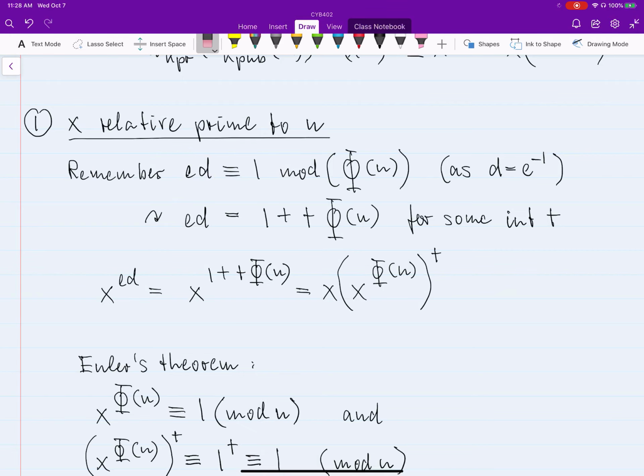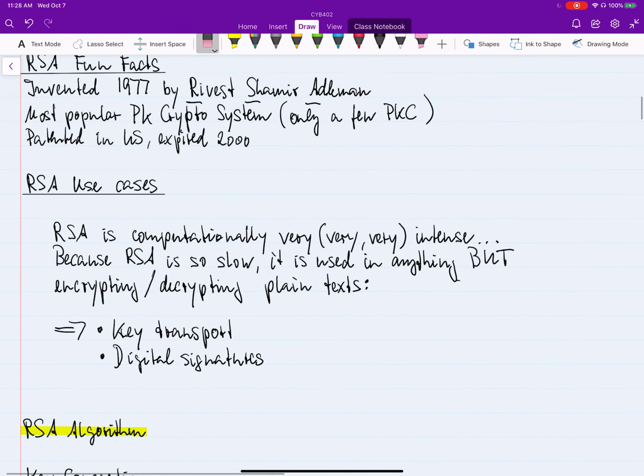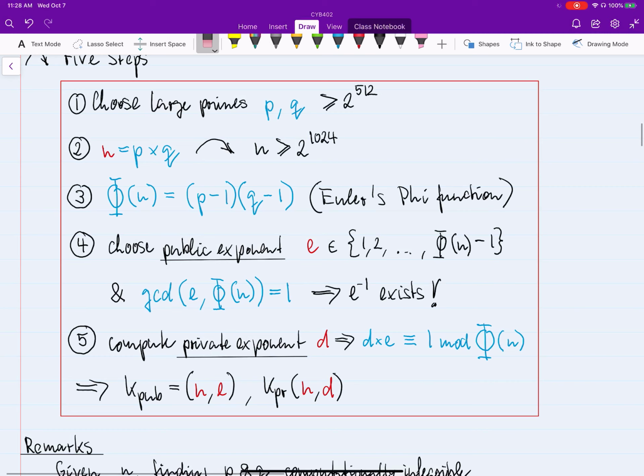This was our very way of computing the keys when you look up there at how we derived them. So what you see here is what we did in step 5. We needed to choose d such that e times d is congruent 1 modulo phi of n. So you see that's where the phi of n comes into play again.